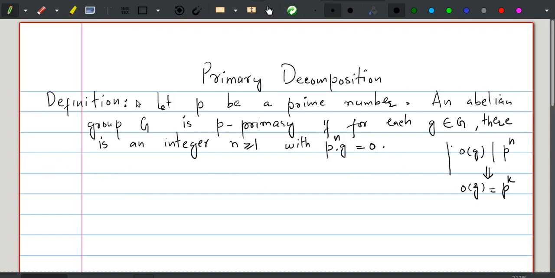So this is a definition. Let us define another definition.